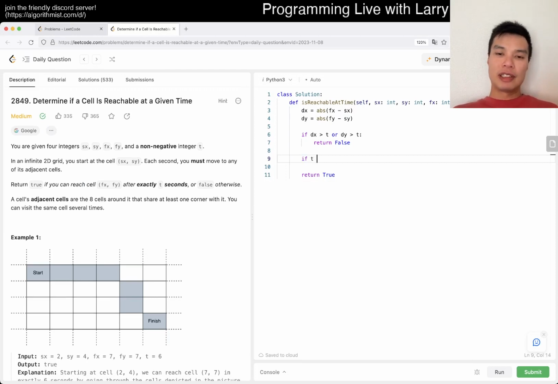So if t is equal to 1 and you have to move, but your starting location is the target, then you have to return false. I think that's the only case, because obviously if you have to move, you cannot stay in one place.